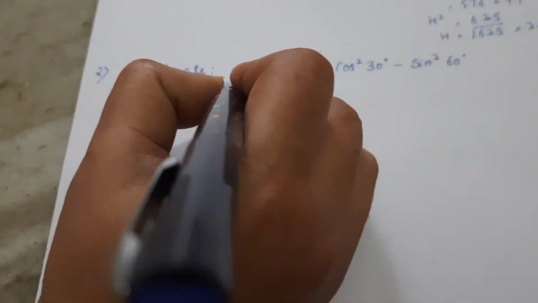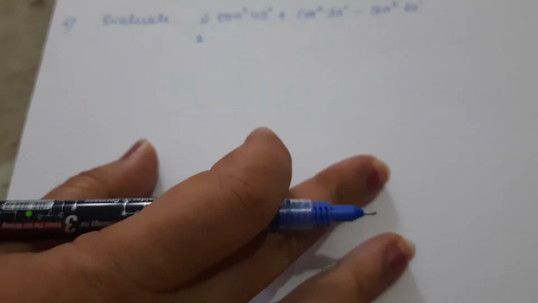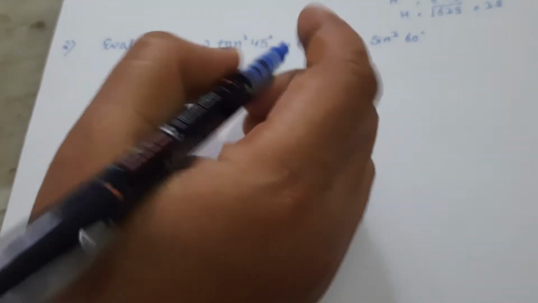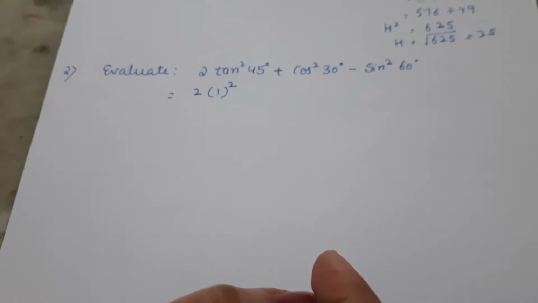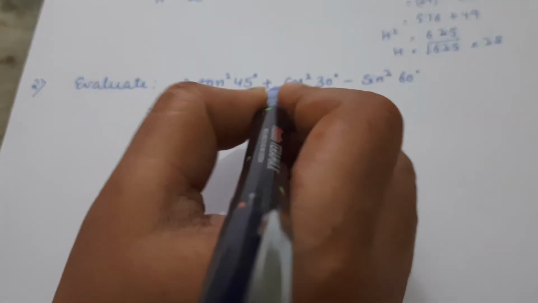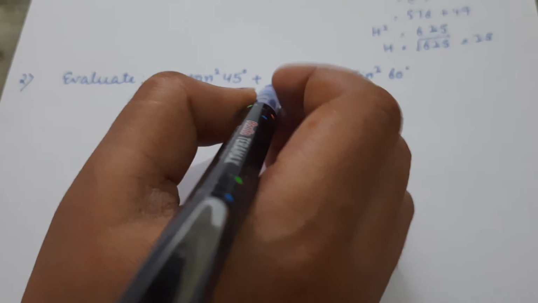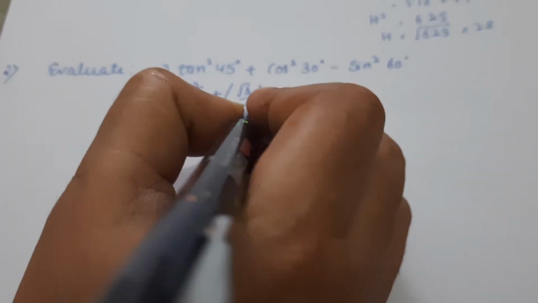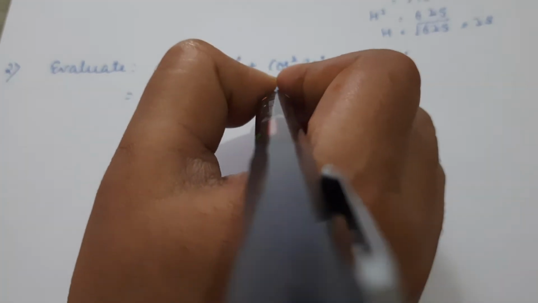So we put tan 45 as 1, and here it is squared. Similarly plus cos square 30, whose value is under root 3 by 2 whole square.